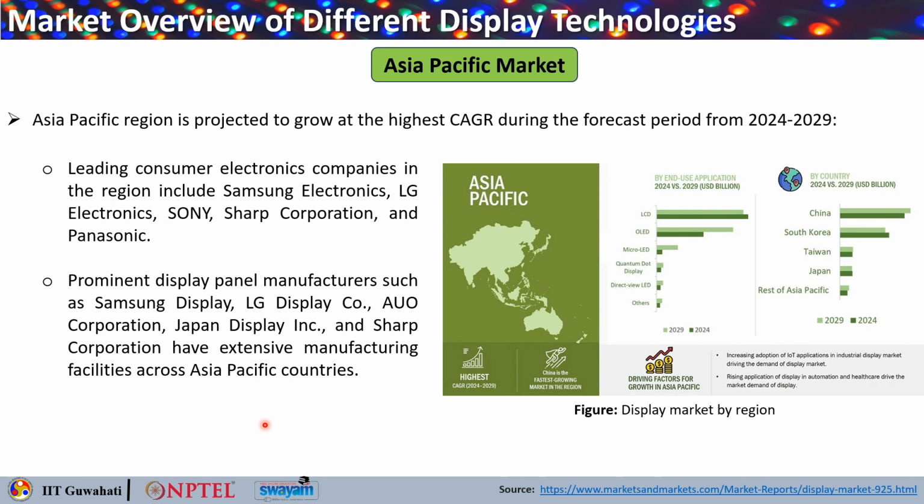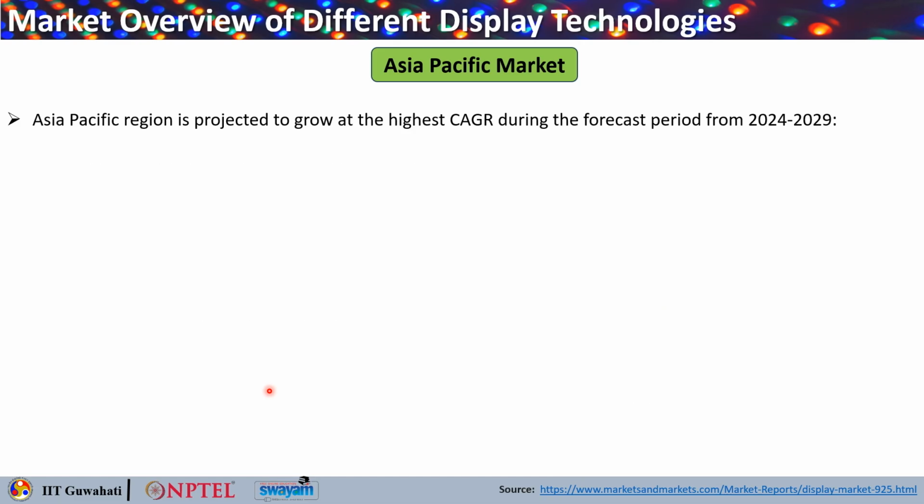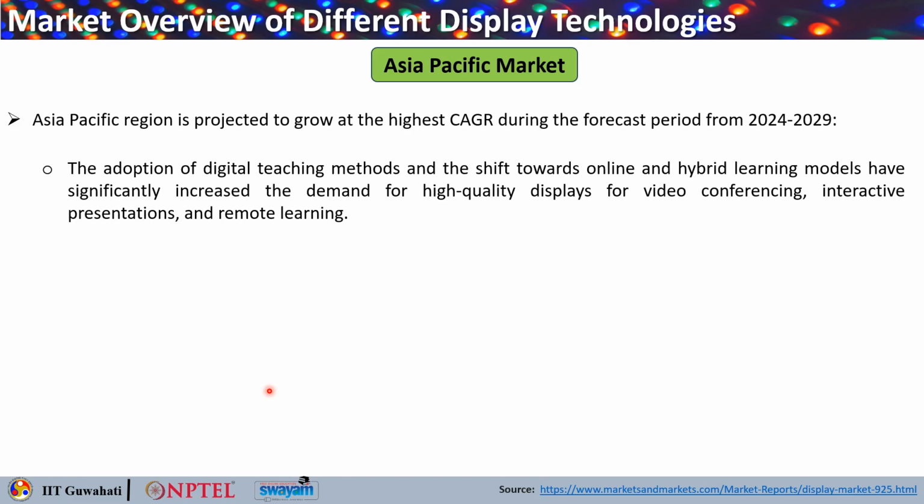So there are Samsung Display, LG Display, IO, Japan Display, Sharp. They are extensively manufacturing displays in their facilities across Asia Pacific countries. So altogether we understood that the Asia Pacific region is projected to grow at the highest CAGR during this particular time.